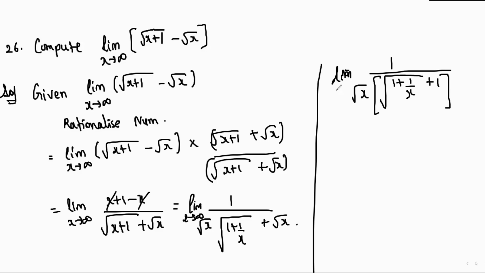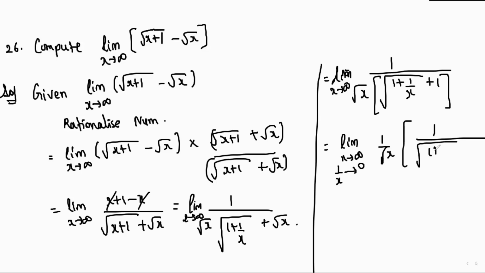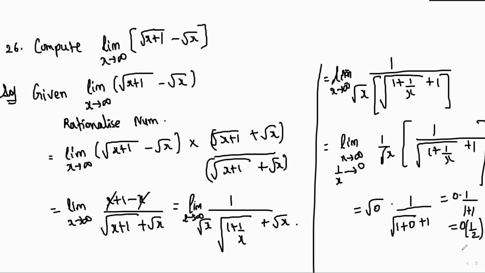As x tends to infinity, 1 by x tends to 0. So this is 1 by root x into 1 by (root over 1 plus 1 by x plus 1). So that is 0 into 1 by (root 1 plus 0 plus 1), 0 into 1 by (1 plus 1). That is 0 into 1 by 2, which is equal to 0.